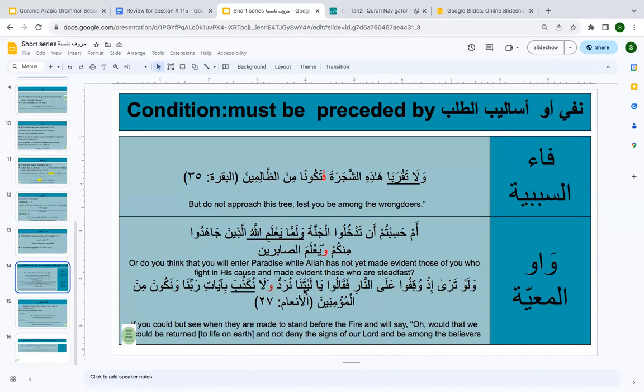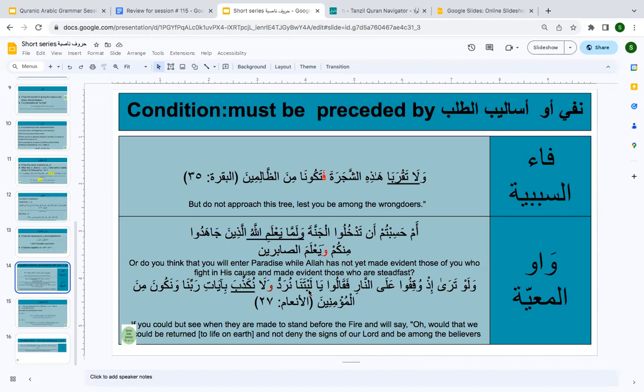Whoever is saying laytana, yes, laytana, there is a tamanni here, right? Before the waw, it has to be before the waw. It must be preceded, meaning whatever I have written over there must be present before the waw. So what is present before the waw that can qualify it to be Wawul Ma'iyya, because we are seeing a mudare mansub after it?